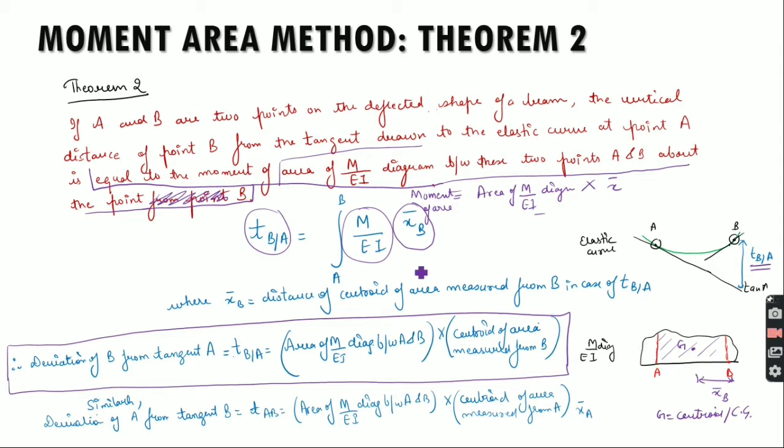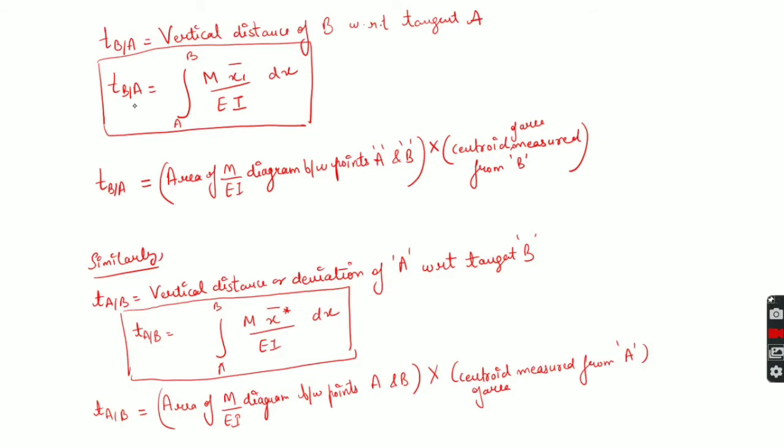So the area of this shaded region into x bar B, the distance of CG of this area from point B. So TBA is the area of M by EI diagram between A and B into the centroid of area measured from B.